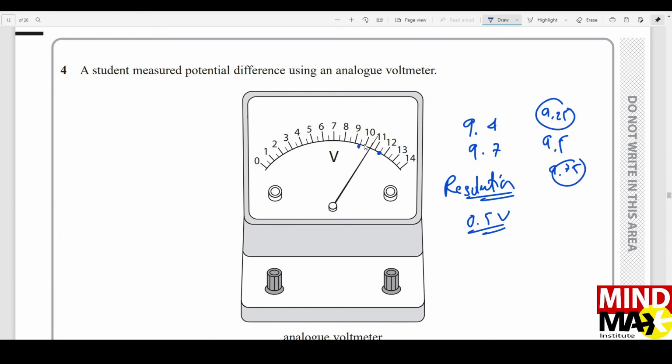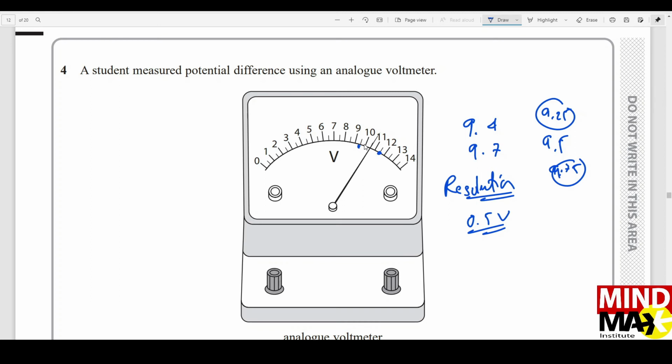These are the small mistakes which might happen if it's exactly at 9.5, because it could be a bit to the left, it could be a bit to the right. We don't know, right? So because there's that bit of uncertainty in whether it's actually 9.25 or 9.75, it can be either in the negative range or in the positive range. So that is why whenever we find uncertainty using the resolution of the instrument, we have to pick half of the resolution.